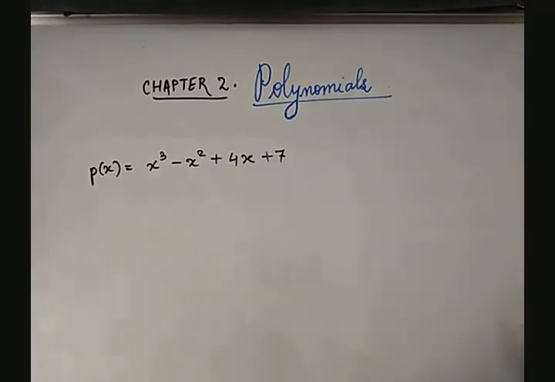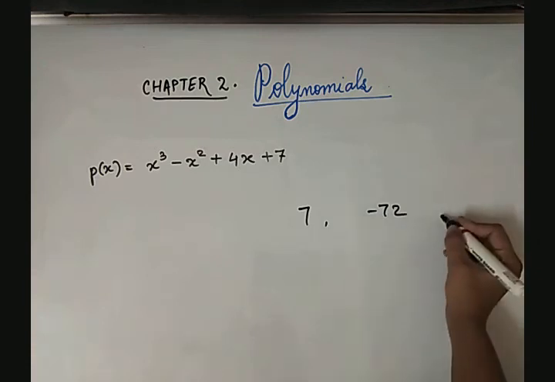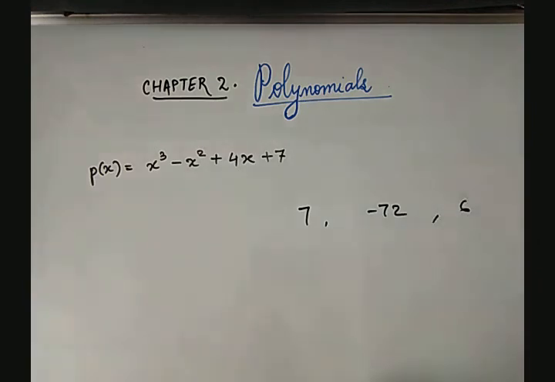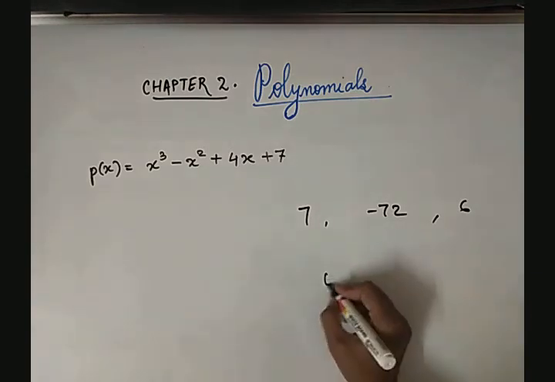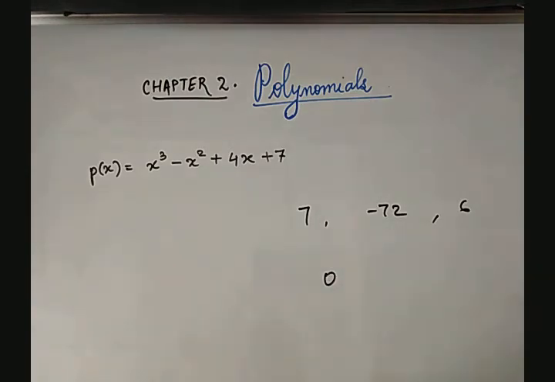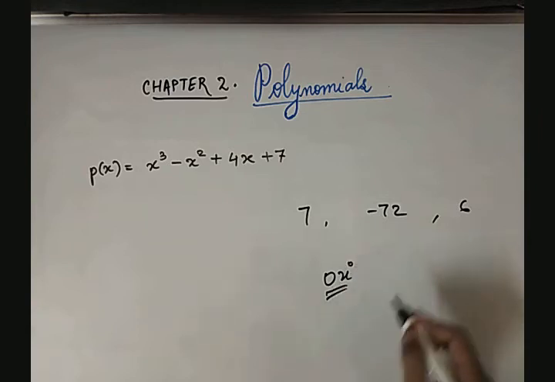One more important point we saw yesterday: zero polynomial and constant polynomial. 7, minus 72, 6, these are the constant polynomials, and zero polynomial is this one. All these are monomials. Clear? Zero is called the zero polynomial. Zero can be written as 0 into x raised to 0.